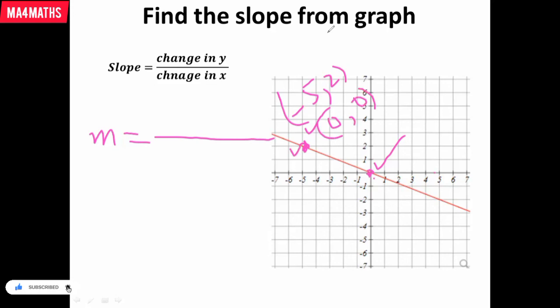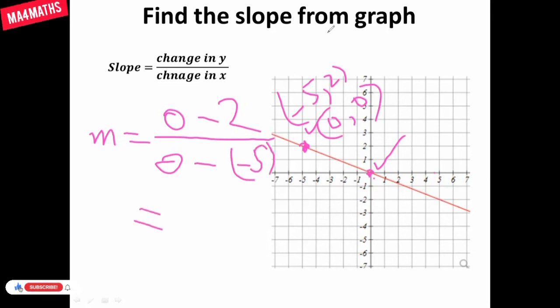I am taking this one as the initial and this one as the final. What is the change in y? 0 minus 2. And the change in x is 0 minus (-5). So it is -2 over 5. This is the same as before.